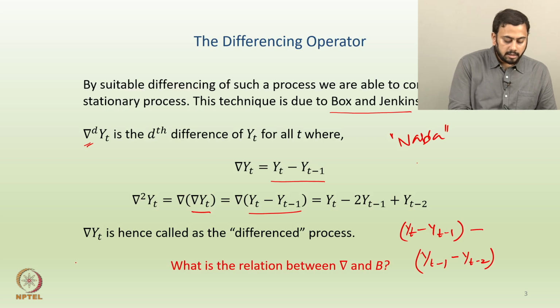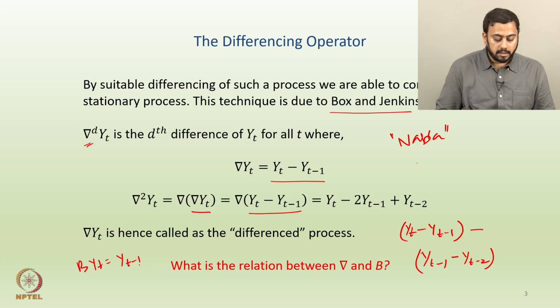But then, we saw that b applied on yt is nothing but yt minus 1, right. And yt minus 1 also appears in the nabla definition, which is exactly here.